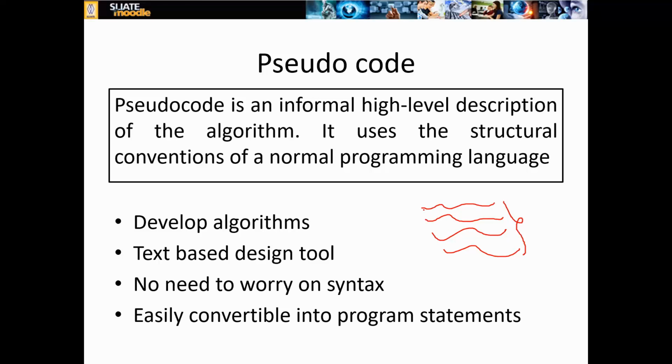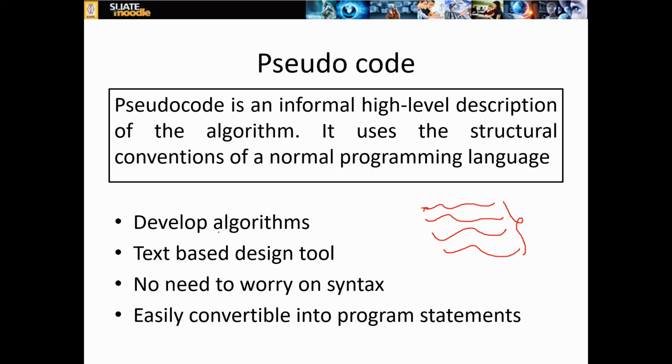But for writing algorithms, we can use pseudocode, right? I will try some examples with you, then you will understand how pseudocodes differ from the programming language code, right? So the structure is similar to the programming language code structure, but it is not the exact one, right?